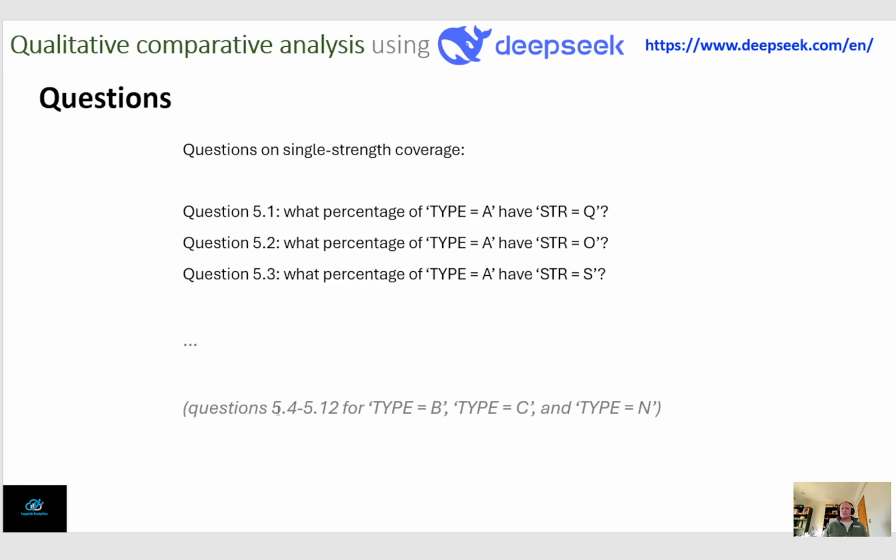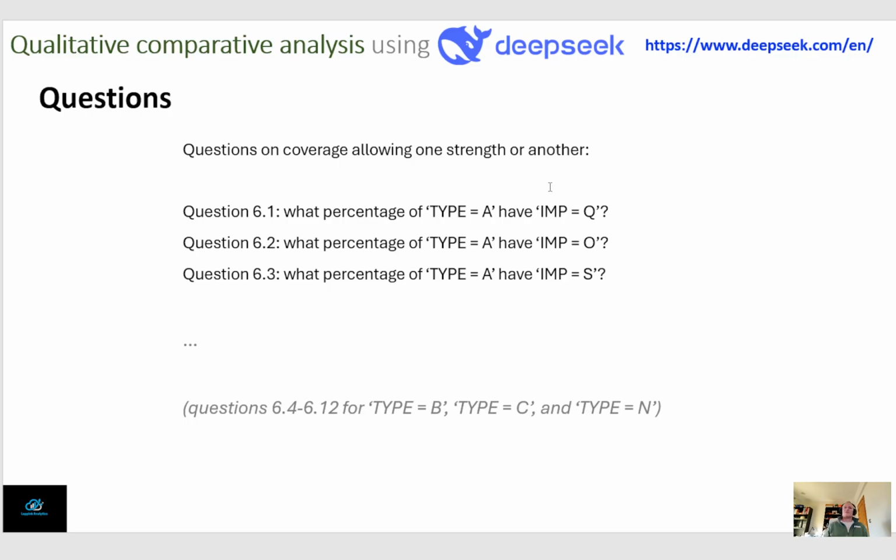And again, questions 5.4 to 5.12, there are three sets of questions, as you see here, except that instead of type A, you will see type B, type C, and type N. Questions 6.1 to 6.12, instead of asking about strength, we ask about a specific area of improvement, which is to say allowing one strength or another.